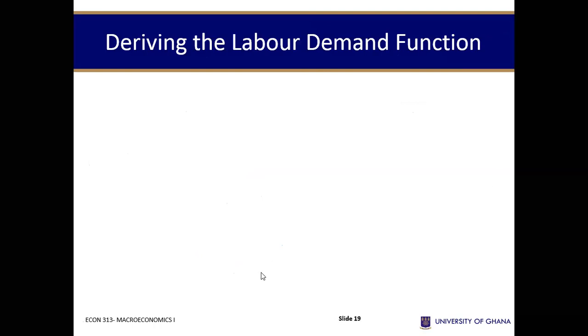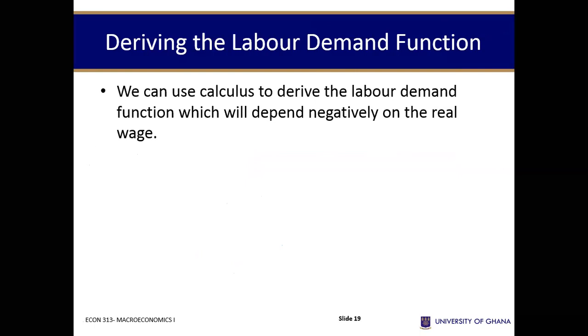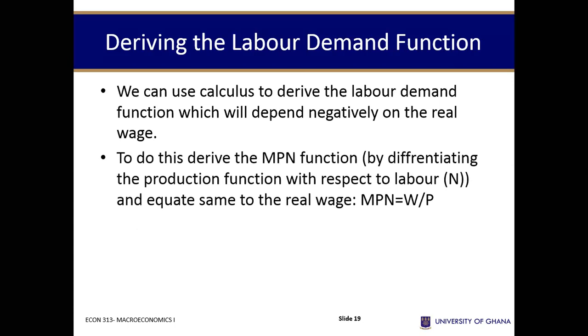Sorry. We want to derive the labor demand function. Now we know that demand for labor negatively depends on the real wage. So whenever there's an increase in real wage, there's a reduction in demand for labor. Whenever there's a reduction in real wage, then there's an increase in the demand for labor. So mathematically, if you want to get your demand for labor, you just equate your marginal product of labor to your real wage.